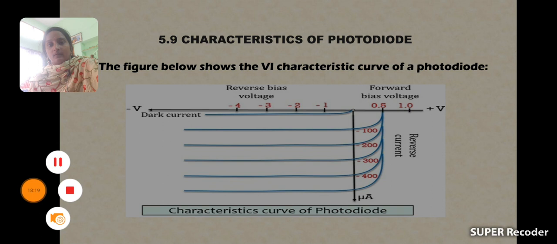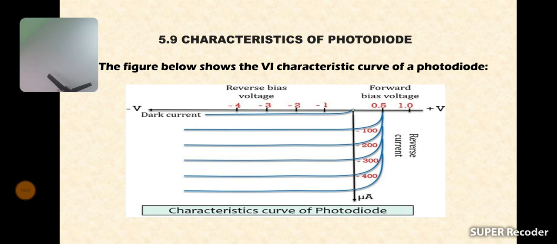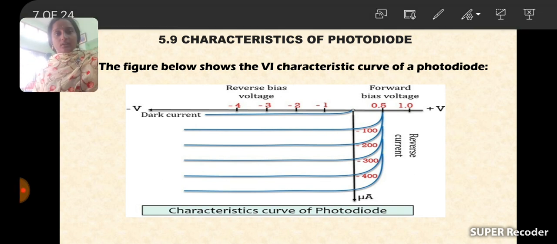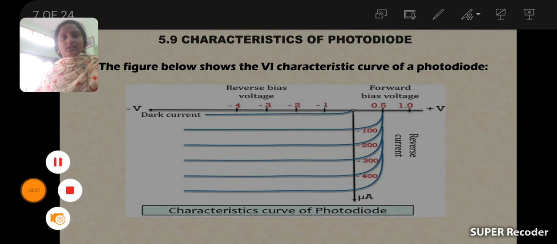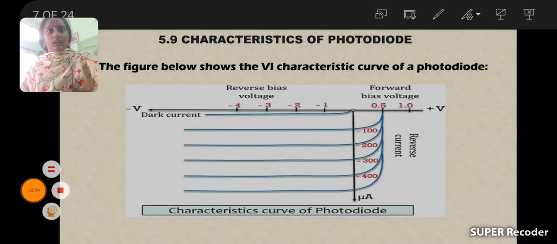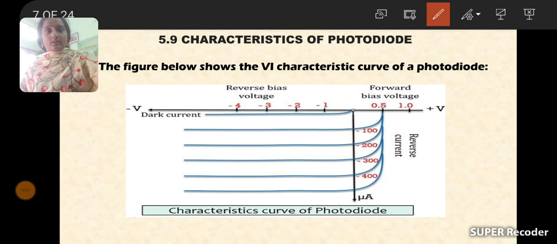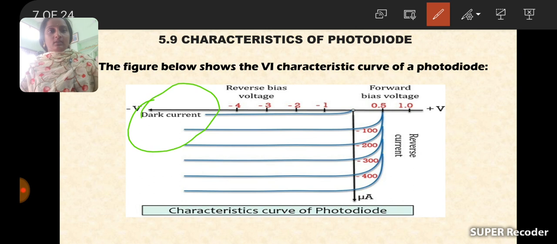So these are the VI characteristics of photodiode. See here, one term is there, dark current. What is meant by dark current? By application of voltage, in the absence of light, no current is there. That situation is called what? Dark current.